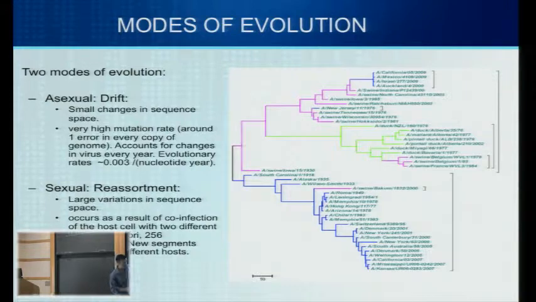The other thing is that they have sex. So they can have co-infections of two different viruses, and they can generate this process that is called reassortment. You can imagine the sequence space, all the possible viruses that you can have. When you are doing mutations, you are just moving around a little bit, changing the genome a little.